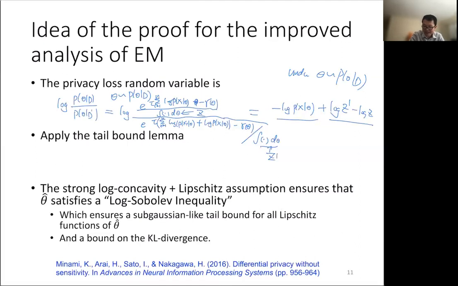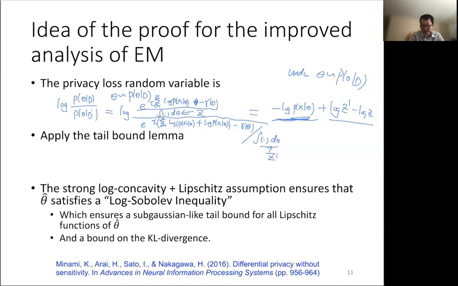Right, so provided that this is sufficiently bounded, this has a tail distribution that converges to 0 sufficiently quickly, and then we can also control the differences of the normalization constant, and then this gives us the tail bound of the privacy loss random variable.